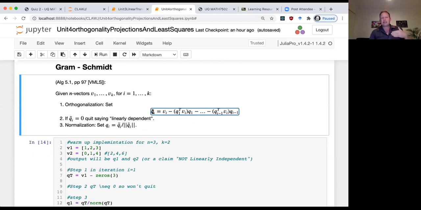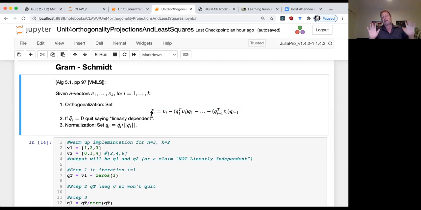You can call qi tilde the innovation: the new direction that has not yet been spanned by the previous vectors. If i equals 1, then qi tilde is just v1. Otherwise, you subtract these terms. Now, if qi tilde equals 0, then it is a linear combination of the previous vectors, so we quit.